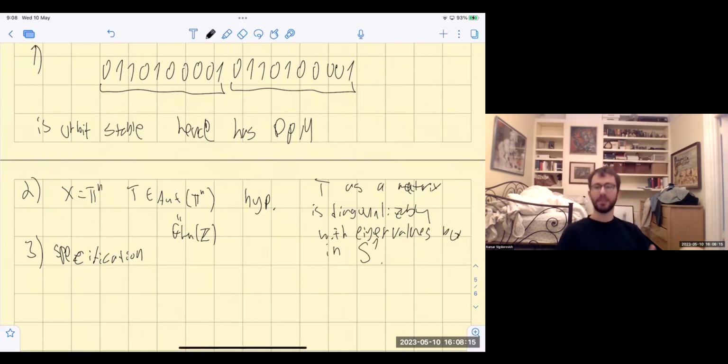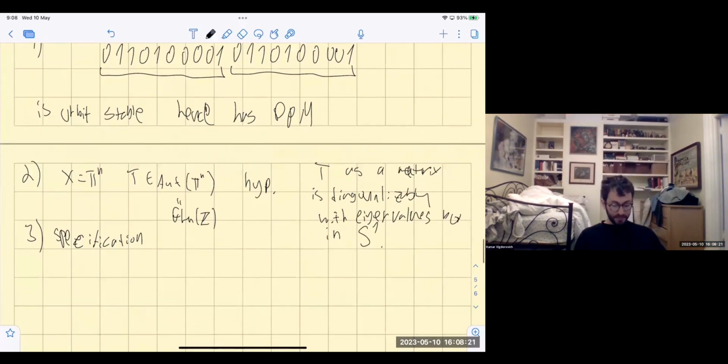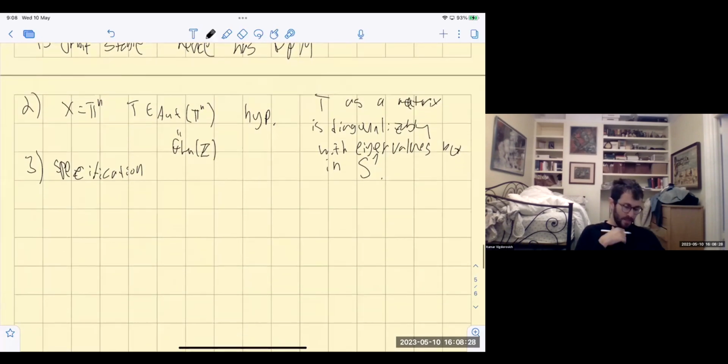This is just a characterization of what a hyperbolic automorphism of a torus is in terms of the matrix. Okay, so these are different kinds of examples of situations.